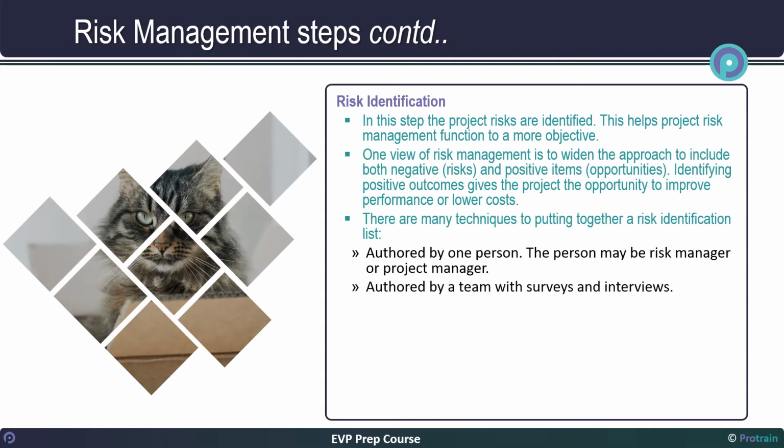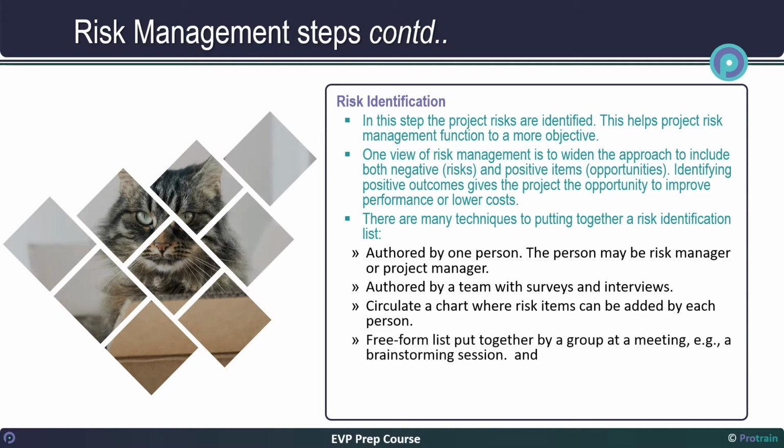Authored by a team with surveys and interviews. Circulate a chart where risk items can be added by each person. Free-form list put together by a group at a meeting, for example, a brainstorming session. And a list developed by a group facilitated by a third party.